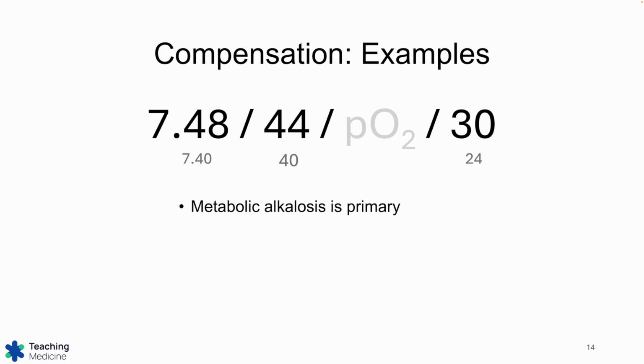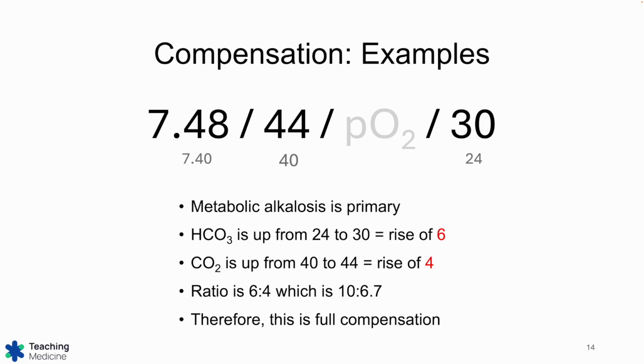So we've got 7.48 for the pH, a PCO2 of 44, a bicarb of 30. So we can see we've got a respiratory acidosis process, a metabolic alkalosis process. The pH is alkalemia, so that makes the metabolic alkalosis the primary event.